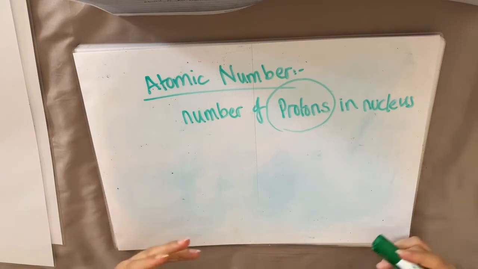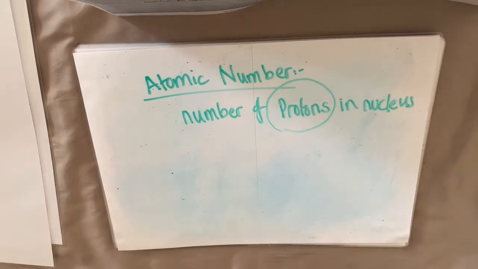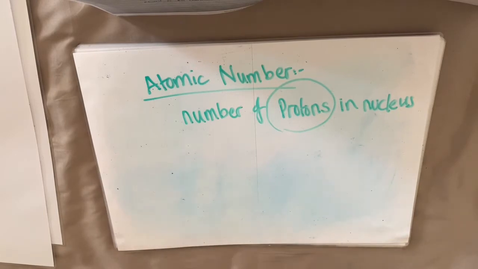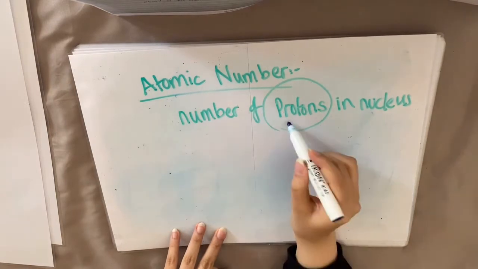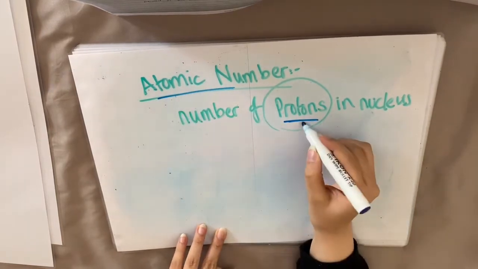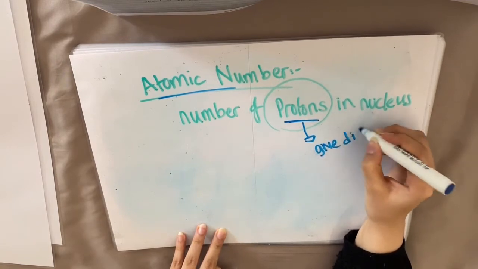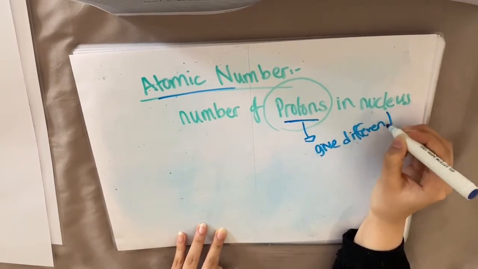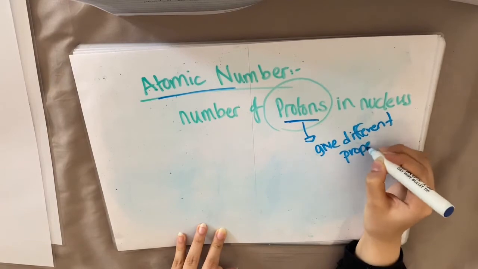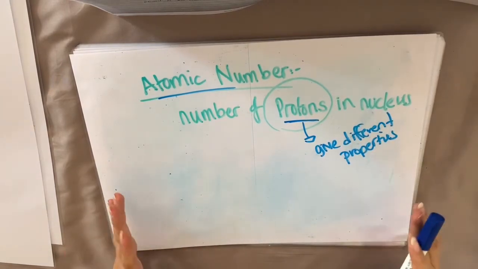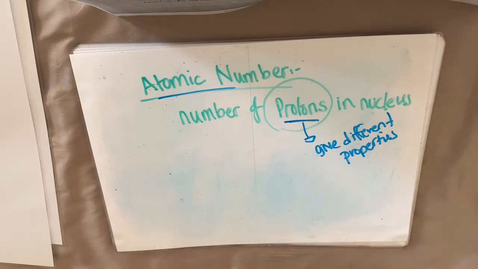They change the properties of an atom, and they are technically in the periodic table right in front of us. So, atomic number, number of protons. What do protons do? Give different properties. So, we agreed that the atomic number is the number of protons in an atom's nucleus.